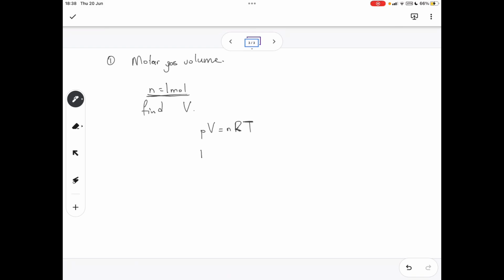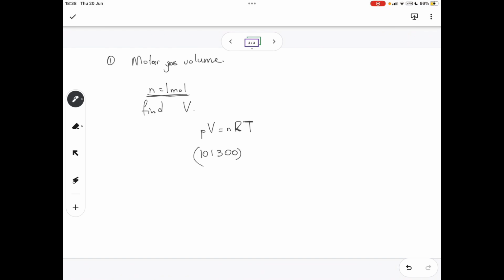If the number of moles is 1, then we know the pressure is 101.3 kilopascals. The units are important, so I'll just convert that to Pascal, right?